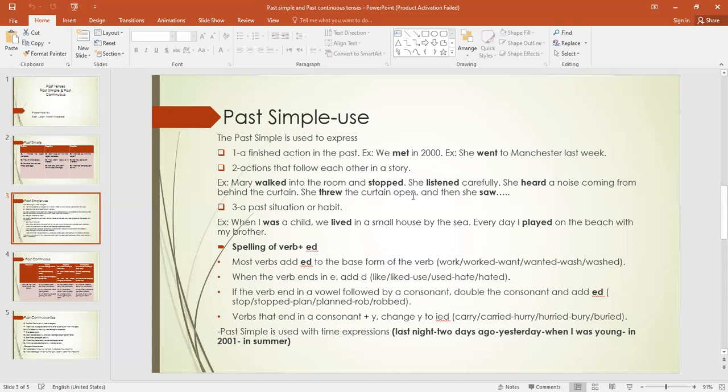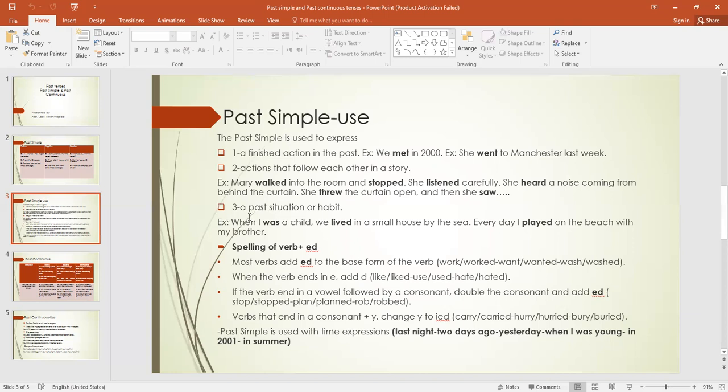So we have different past verbs in this example. We have walked, stopped, listened, heard, threw, and saw. All of them refer to a string of actions, a group of actions in the story.